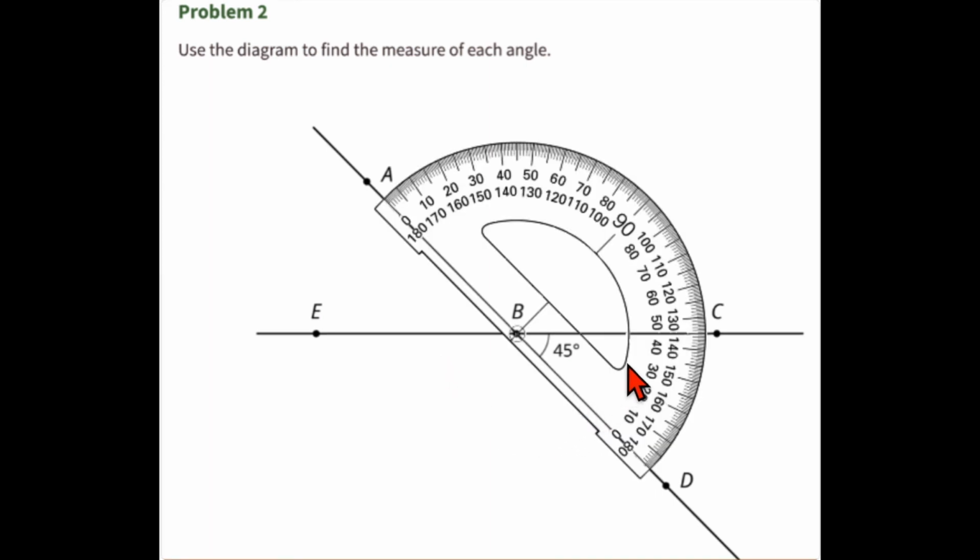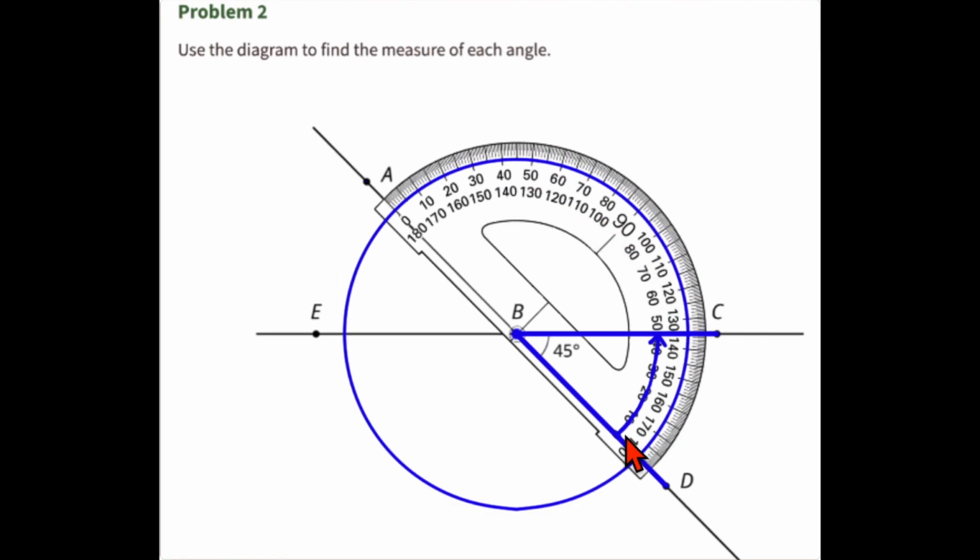So you can use a protractor to prove that going from point D all the way around to point A forms a straight line. So this 45-degree angle and the remaining size of this second angle, CBA, have to add to 180 degrees. So this angle has to be 135 degrees. So this angle right here is 45 degrees, and the remaining angle is 135 degrees.